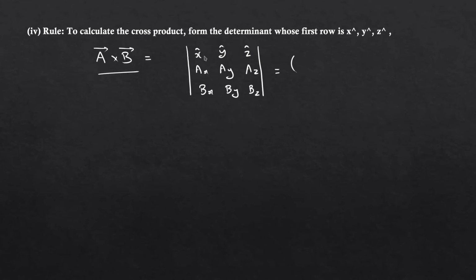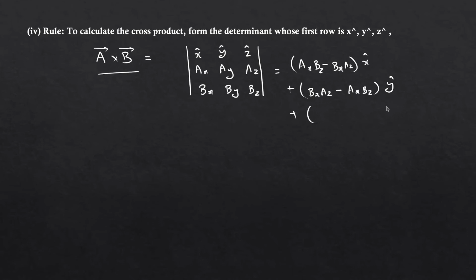So if you expand it, let's take the x component first. You will get ay bz minus by az. Plus, for the y cap, we'll get bx az minus ax bz.